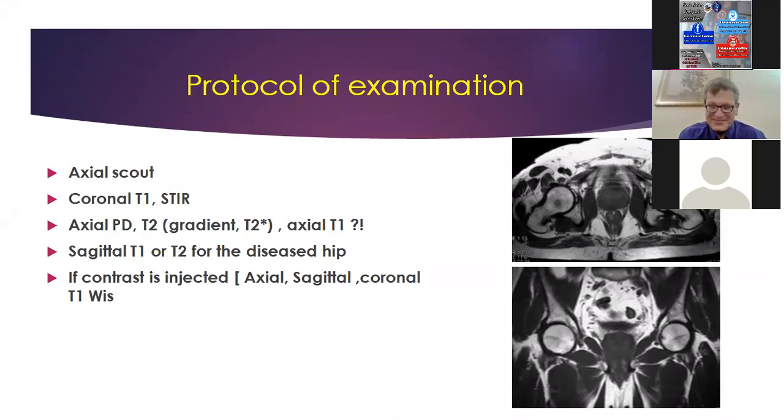And from those sequences or times, you can create another soft tissue sequence, which is called STIR. You hear it very often in musculoskeletal imaging. What does STIR mean? STIR is the abbreviation for short T1 inversion recovery.